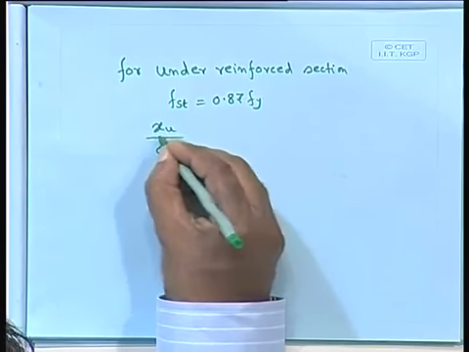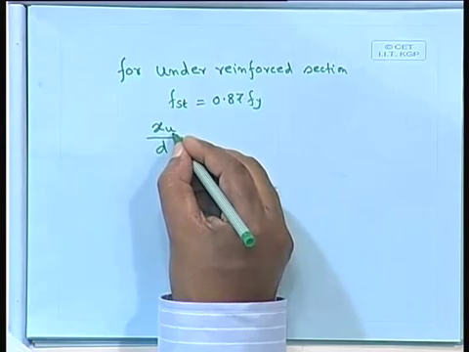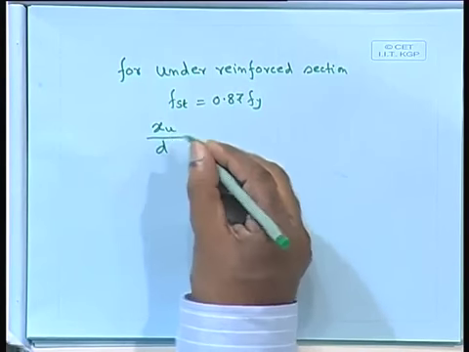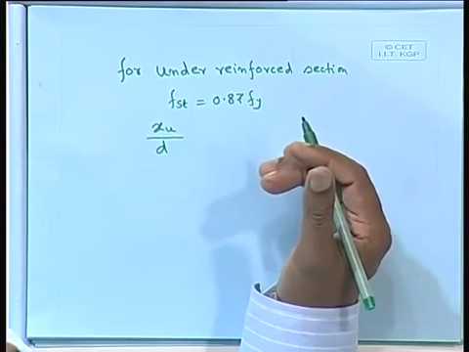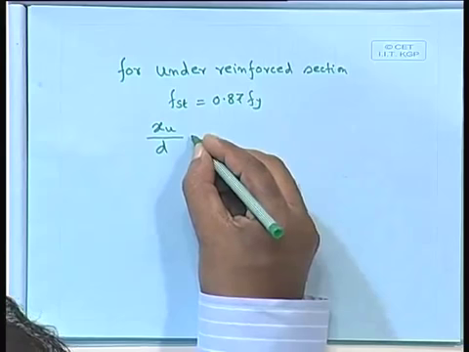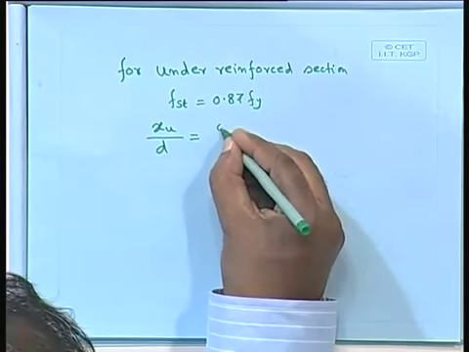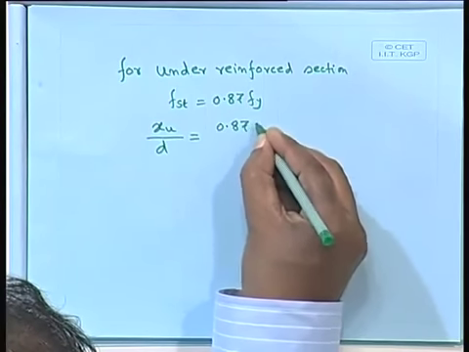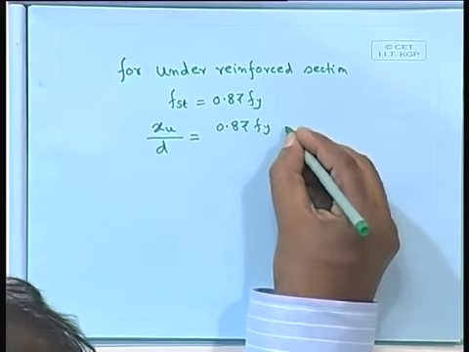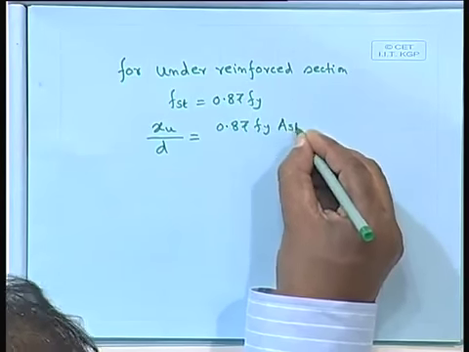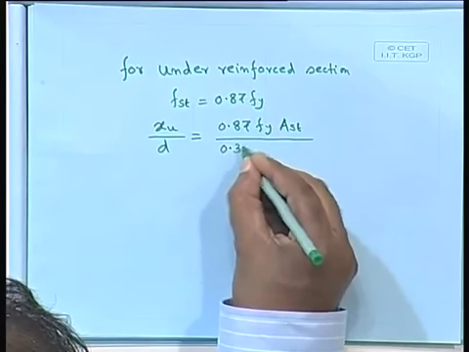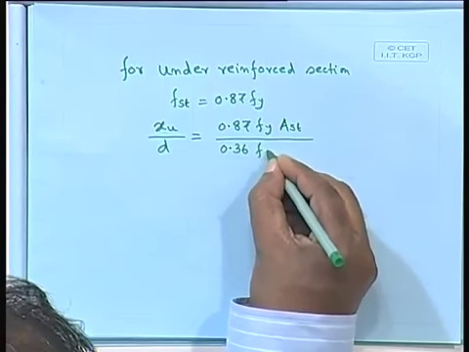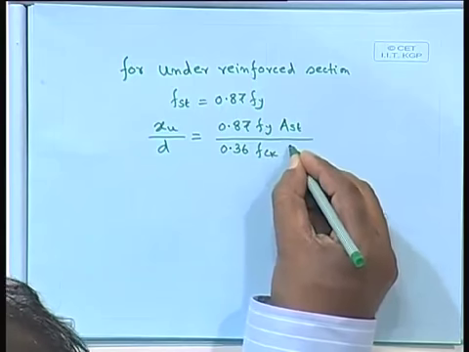We are giving a special name xu, that is the ultimate depth of neutral axis, xu by d equal to 0.87 fy Ast by 0.36 fck bd.